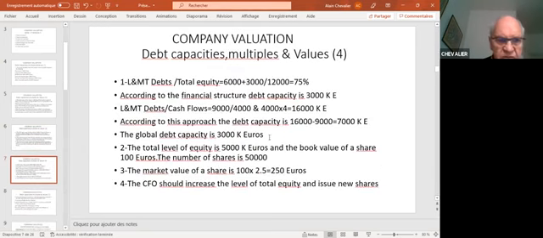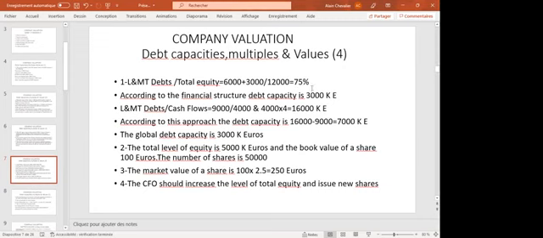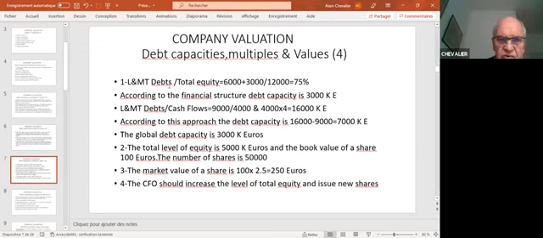So let's have a look immediately at slide 7. On slide 7, you have the usual calculation with the first ratio, long and medium-term debt divided by total equity, which is 6,000 for the long-term debt and 3,000 for the medium-term debt divided by 12,000, the total equity level. The result is 0.75 or 75%, as you prefer.